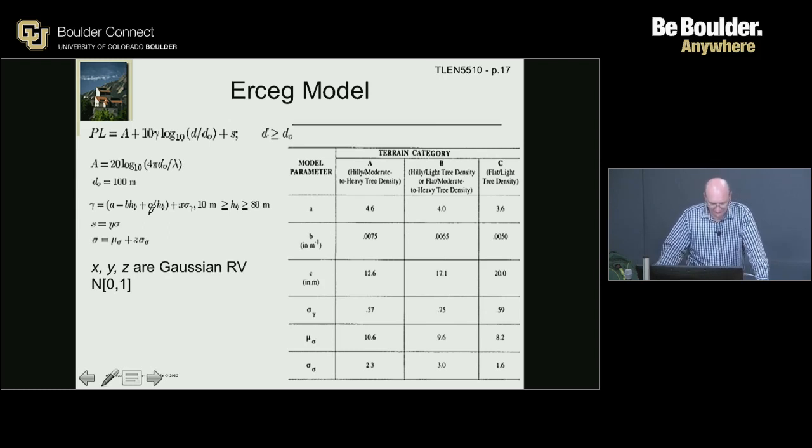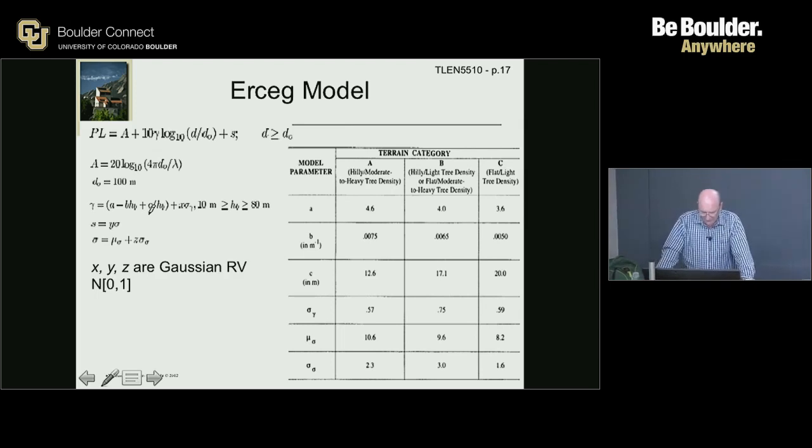So it's kind of funny, sigma, which is already a standard deviation of the shadowing, the log normal shadowing, on average that shadowing is mu sub sigma, but they also give you a standard deviation of how that shadowing changes with a number of things like the type of terrain and the height and a bunch of things, but mostly the type of terrain.